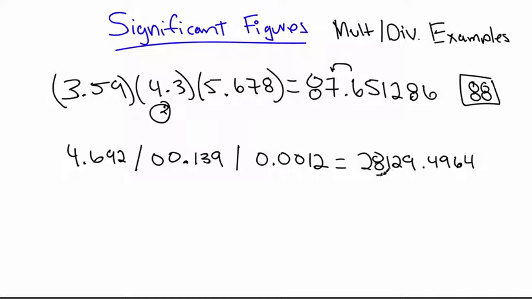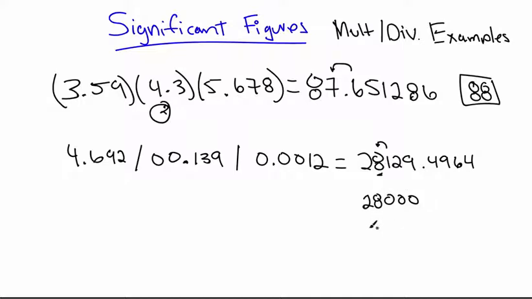Well, this 8 is the second sig fig, so if I round from the number after it, that's going to stay an 8. And so this number becomes 28,000, and the rest of this all becomes 0. So 28,129 point blah blah blah rounds down to 28,000.